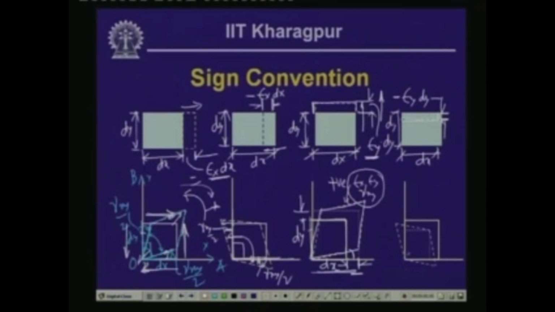Now, in this particular figure again, if we look into this element, which is originally again of length dx and dy, it undergoes strain, but in the opposite direction, or gets compressed. So, this is the negative epsilon x dx, and again in this particular direction this is the deformation, it gets compressed, which is epsilon y dy, and it has a negative shearing strain, and because of that the angle increases, and when we combine all three strains it takes the shape in this particular form.